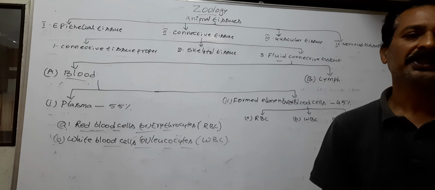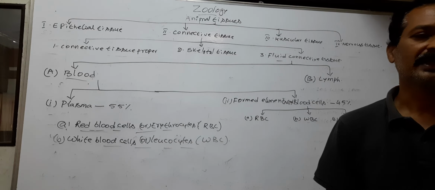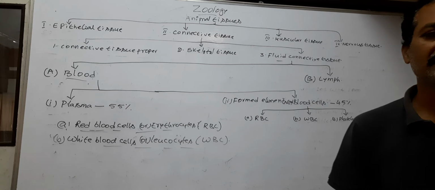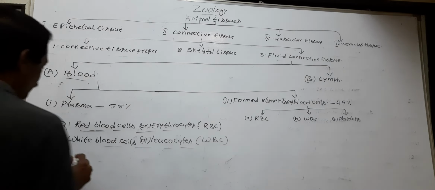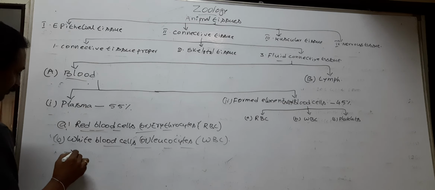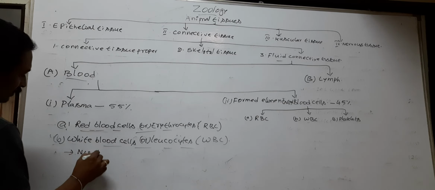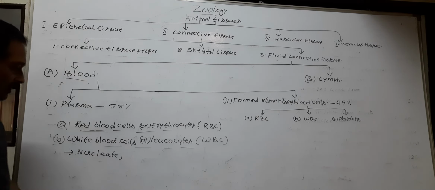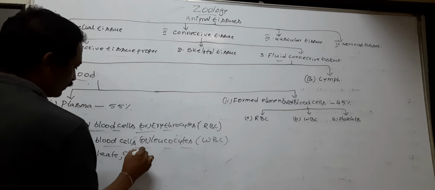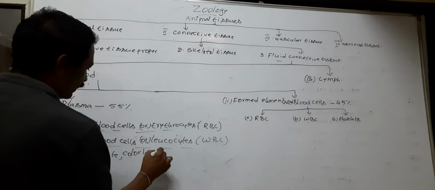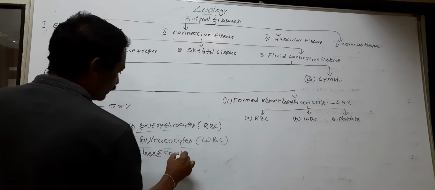WBC are nucleated, colorless, complete cells. So white blood cells or WBC are nucleated, colorless, and complete.